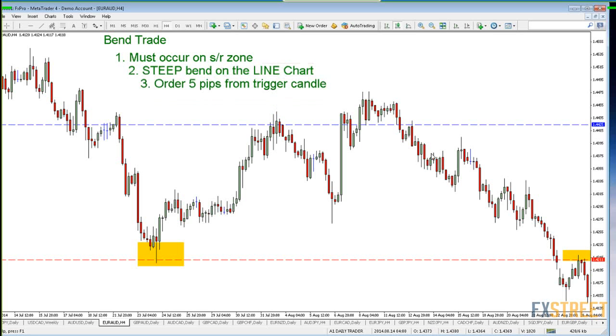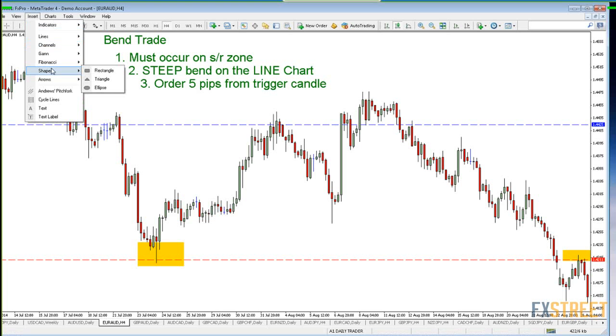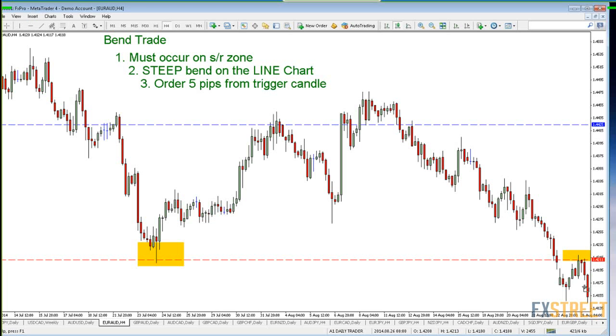Basically it's falling like this, so the sell order goes right here, guys. 5 pips below, so it's right in this area right here. Whoops, I made it too big. That's the sell order right there.